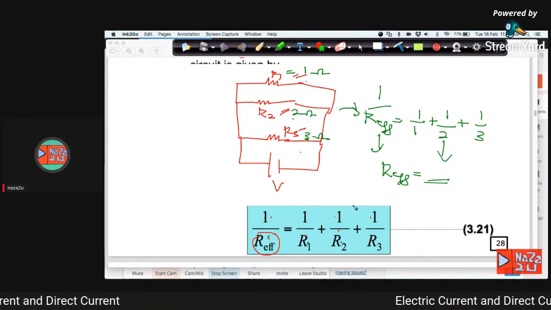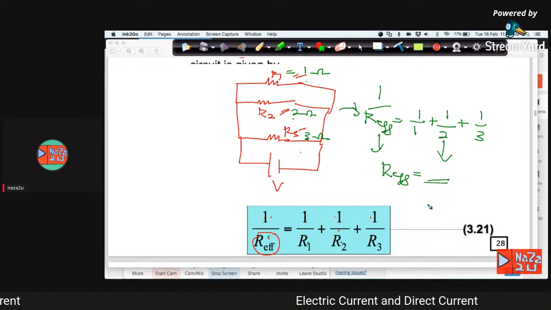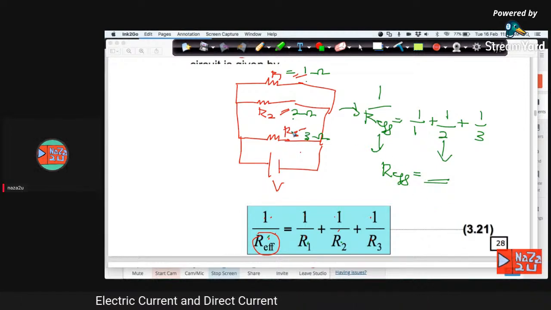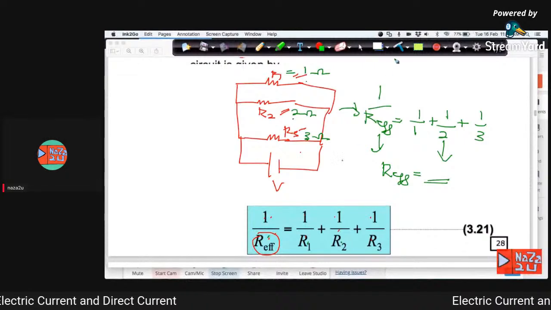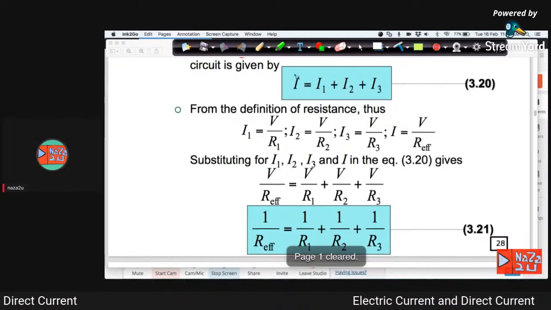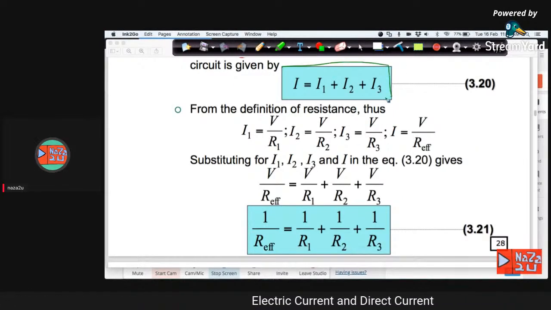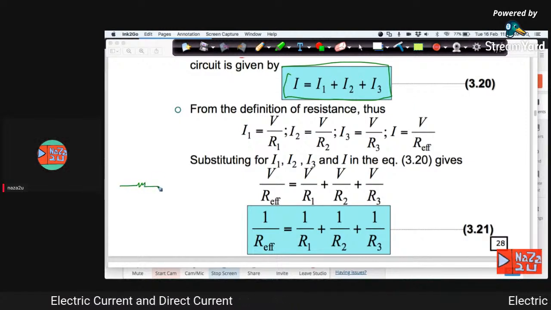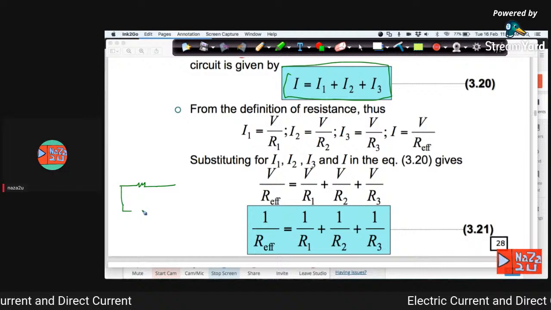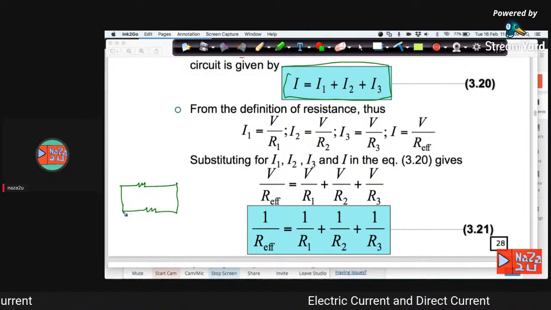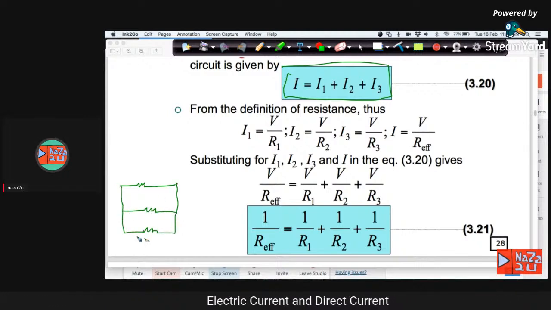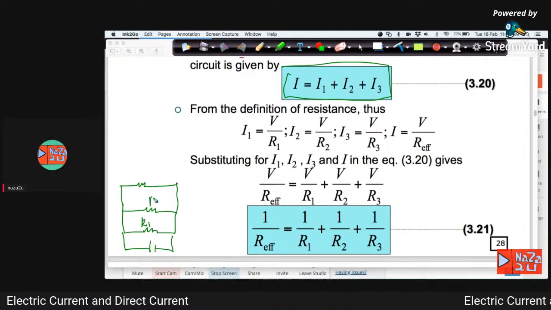Okay kelas, saya rasa jelas kat situ macam mana kamu nak cari effective resistor untuk yang series and parallel circuit. Okay. Dan kalau kita tengok sini, macam mana rumus ni dapat? Pertama, arus. Seperti yang saya katakan tadi, arus yang masuk. So let's say we have 3 resistor, R1, R2 and R3. This is R1, this is R2, and this is R3.